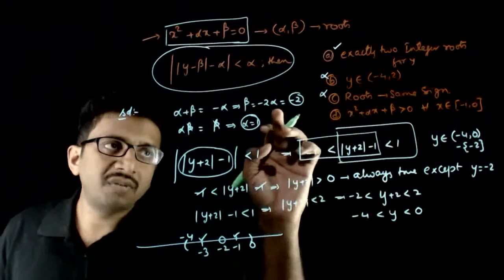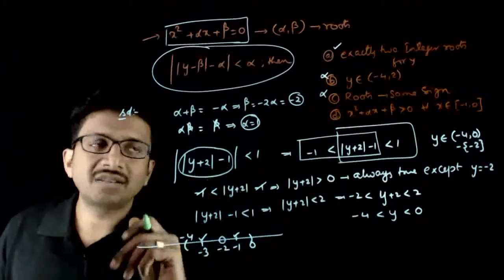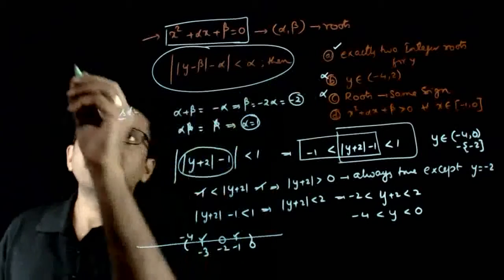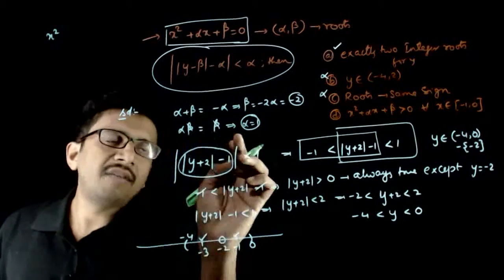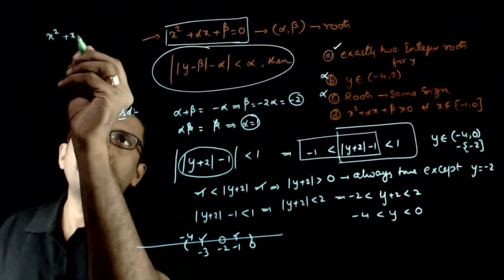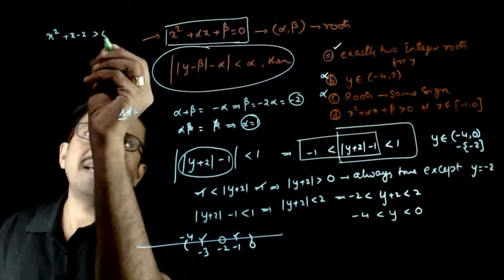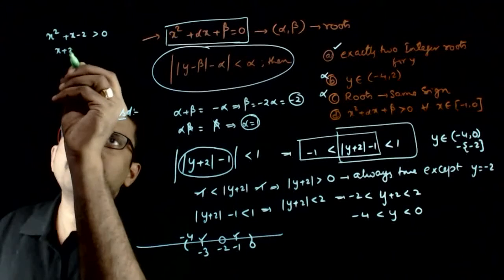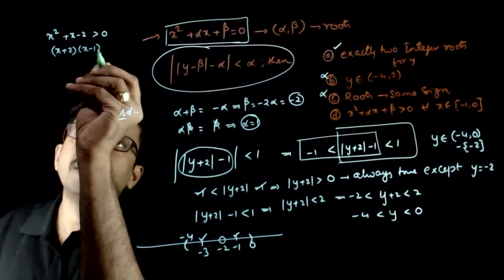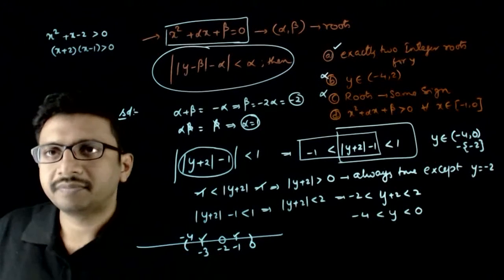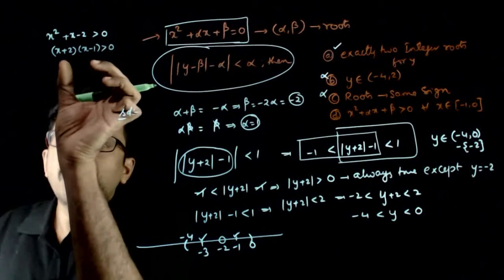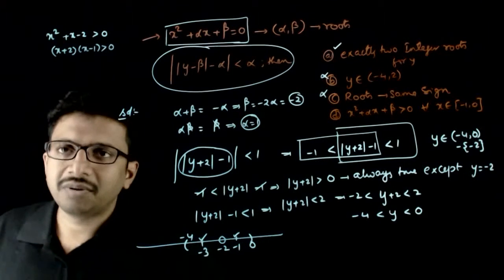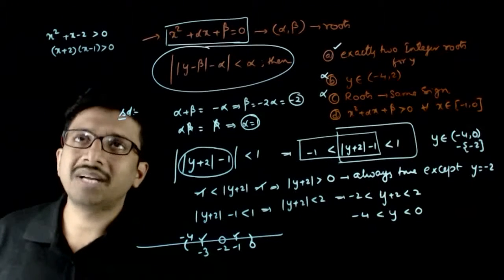So let us put in the values of alpha and beta. What is x square plus alpha x plus beta? It is x square plus x minus 2, greater than 0. It is nothing but x plus 2 into x minus 1 greater than 0. The quadratic inequality greater than 0 implies x lies outside the roots.